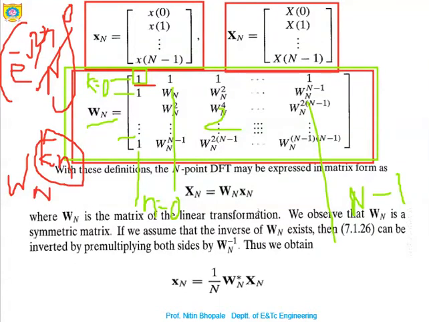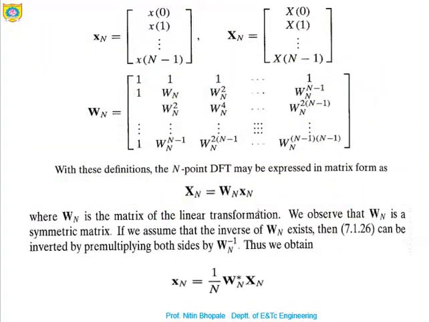So e raised to 0 reduces the value to 1. That is why this entire first row and entire first column reduce to the value 1.